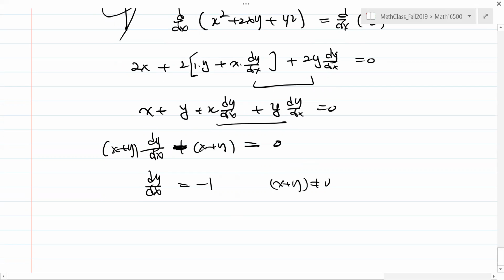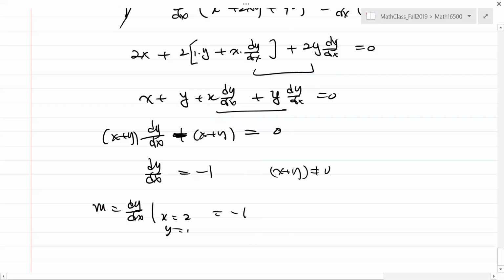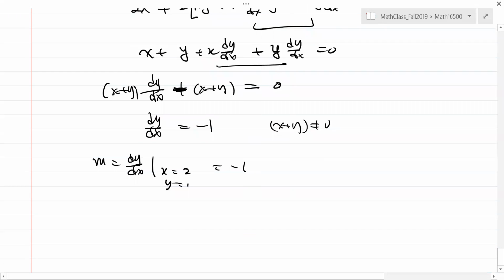In particular, at the point when x equals 2, y equals 1, you find this. So the slope is always equal to -1. That means y is going to be a linear function of x.